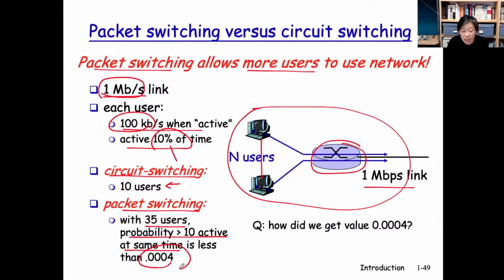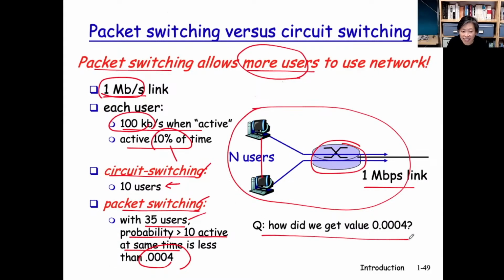So 99.9996% of the time, in a packet switch network, 35 users will do well. No trouble. So if you do have a lot more users and each of the users needs just a small portion of time to send data, which one would you pick? Circuit switching or packet switching? It's quite obvious, isn't it?